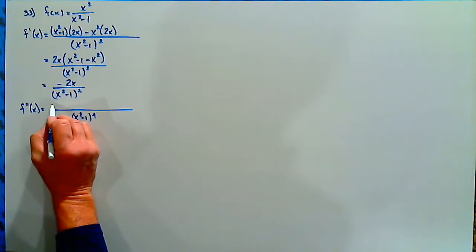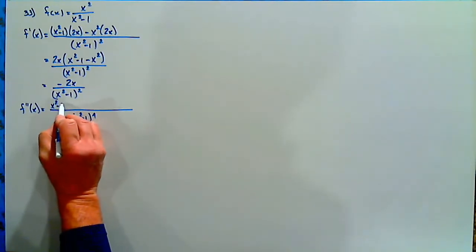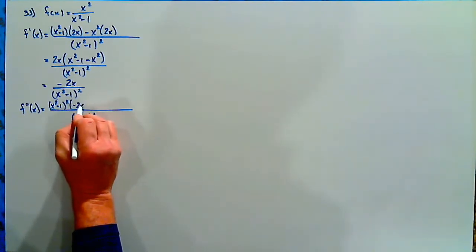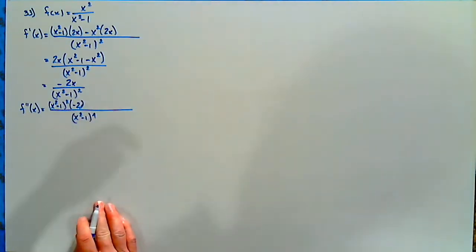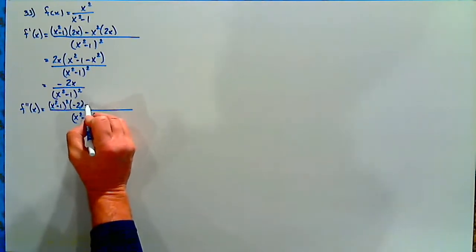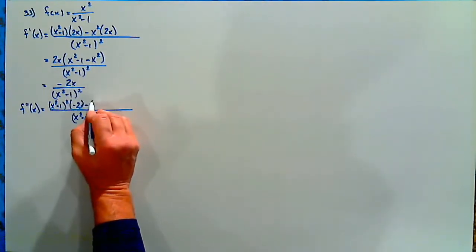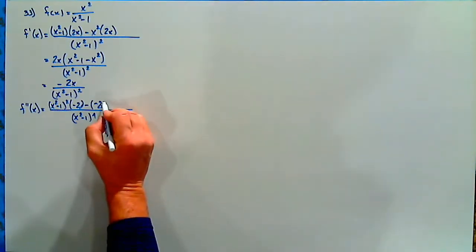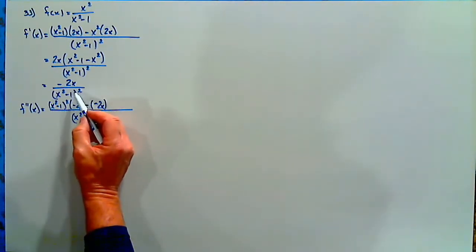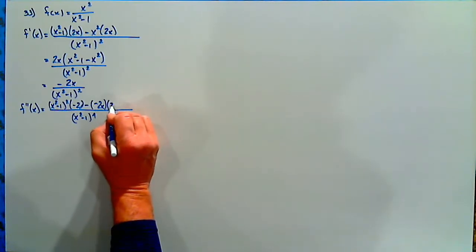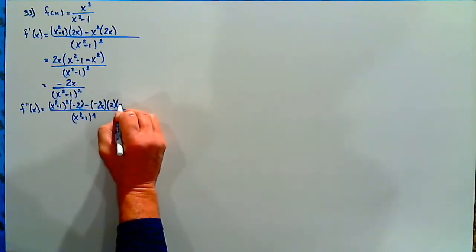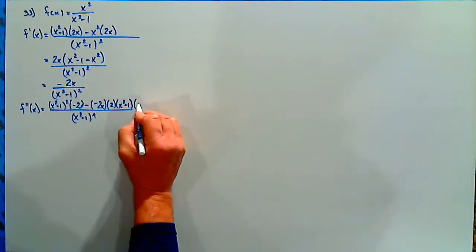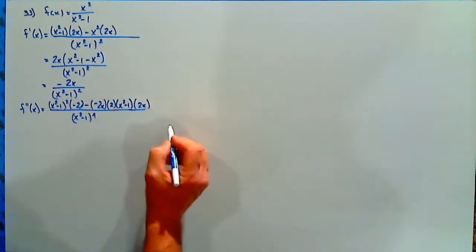The numerator is going to be x squared minus 1 squared times the derivative of the numerator, which is just minus 2, minus the numerator itself, which is minus 2x. So we got to get both those negatives in there, times the derivative of the denominator, which is going to be 2 times x squared minus 1. That's the power rule. We got to do the chain rule. That's going to get multiplied by 2x.